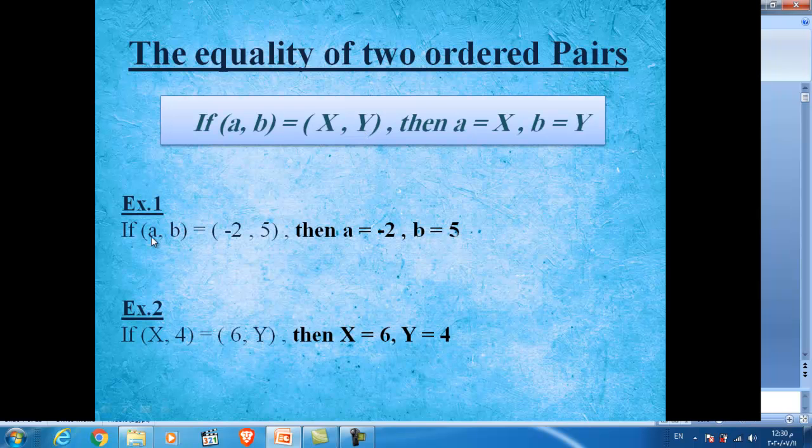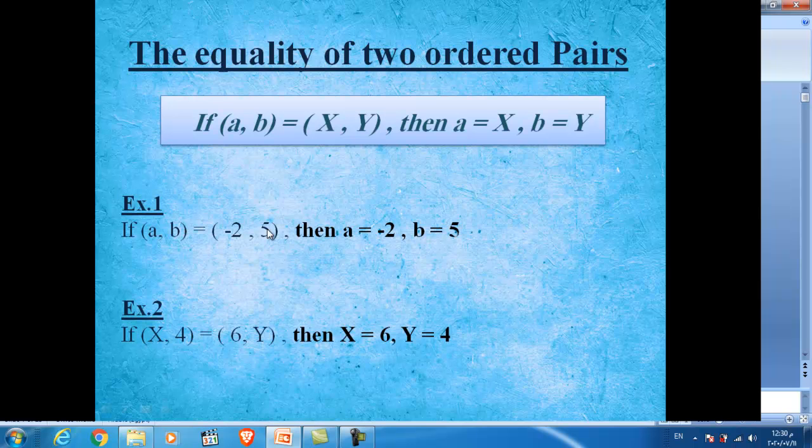For example, if (A, B) equals (-2, 5), then A equals -2 and B equals 5. Who can solve it with me? If (x, 4) equals (6, y), then x equals 6 and y equals 4. So again, first equals first and second equals second.